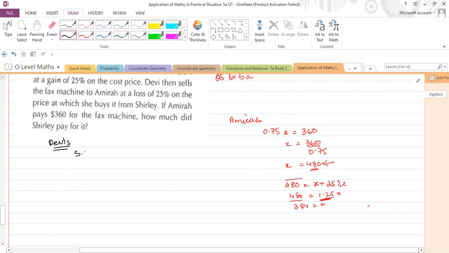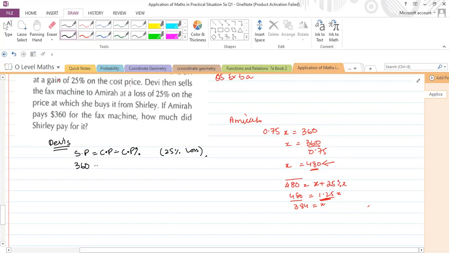Her selling price is going to be cost price minus a percentage of the cost price, because she was selling it at a 25% loss. So she sold it to Amara for 360.